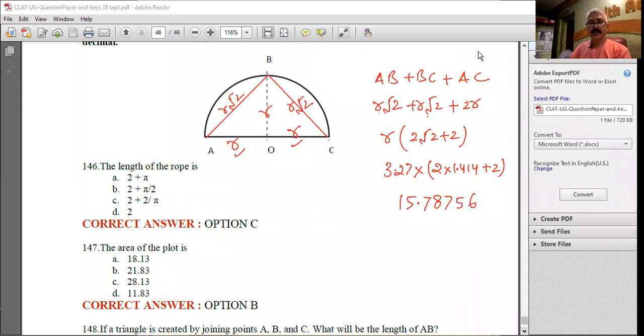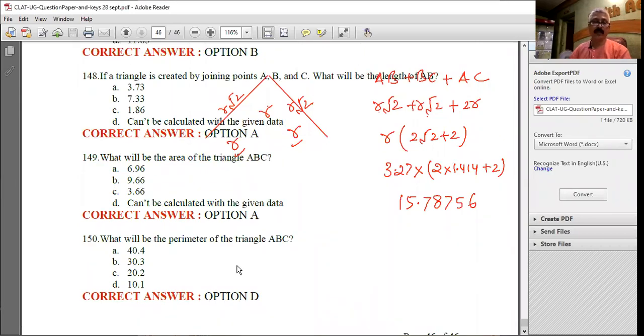Look here. This time question number 150. Answer D is given, so 10.1. So this is also wrong. Correct.